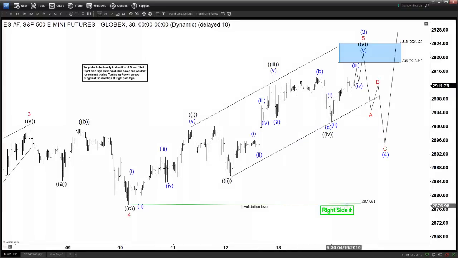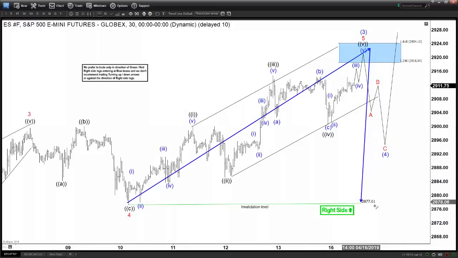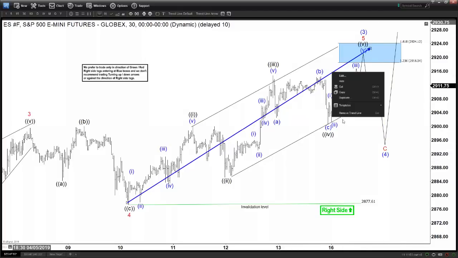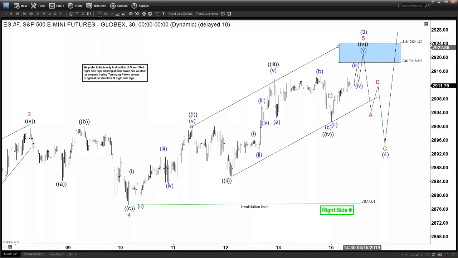This invalidation level in the 1 hour is only for this last push, which is the really minor swing here. But once we finish the entire thing and really do the wave 4, this wave 4 may or may not break below 2877, because technically the wave 4 pullback is not correcting this wave 5.